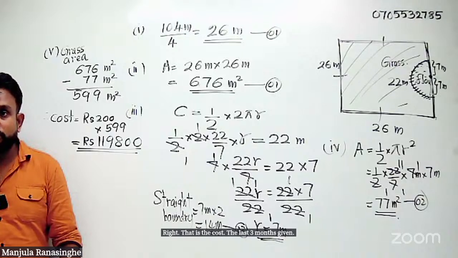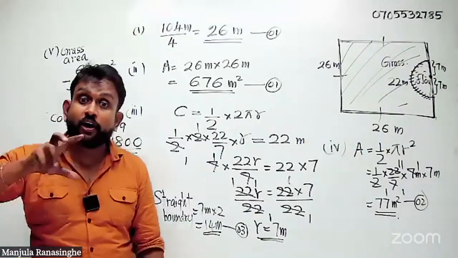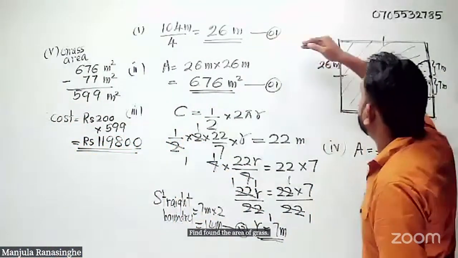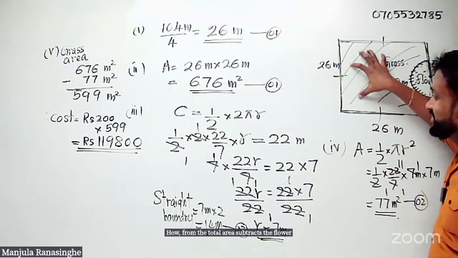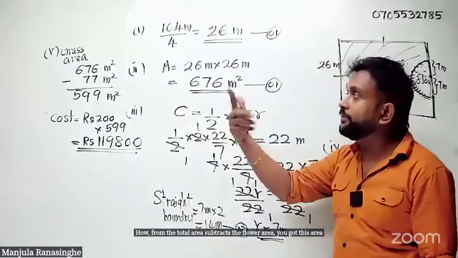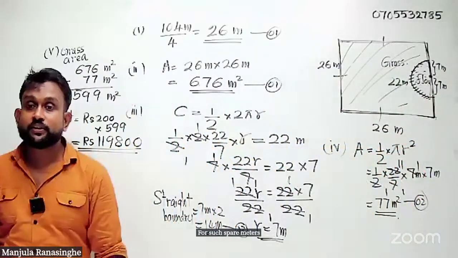So how did you find the cost? Just find the area of the grass. How? From the total area, subtract the flower grown area, and you get this area. Per 1 square meter it is 200, so for such square meters, just multiply those two.